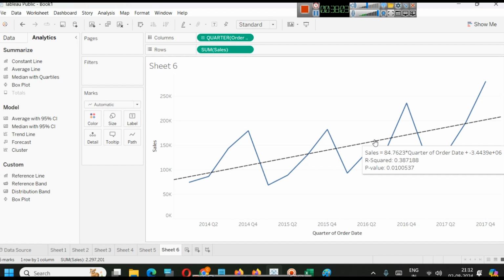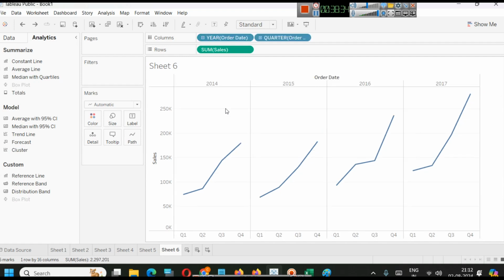So this trend line is kind of a compensation of those peaks and valleys. It's an average line. If there were no peaks, what would have been an average ideal line to represent sales by year? So this is that line. So this is that graph.